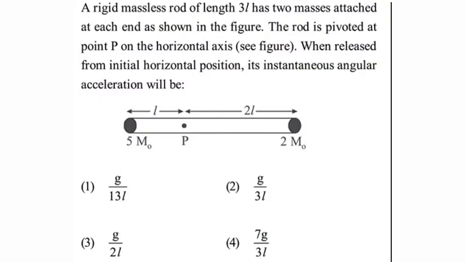The next question. A rigid massless rod of length 3L has two masses attached at each end as shown in the figure. The rod is pivoted at point P on the horizontal axis. When released from the initial horizontal position, its instantaneous angular acceleration will be: the options are first one g by 13L, second one g by 3L, third one g by 2L, fourth one 7g by 3L.